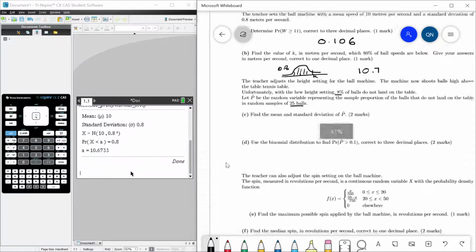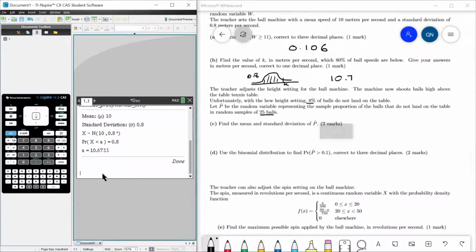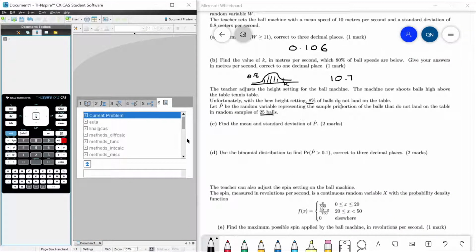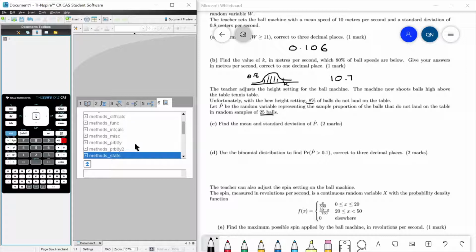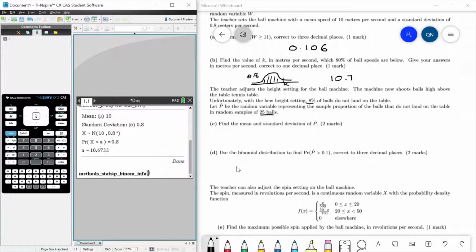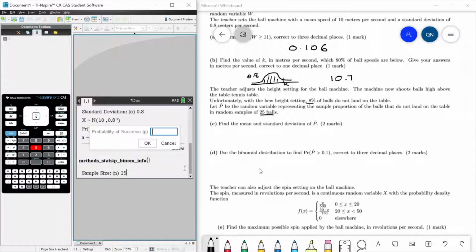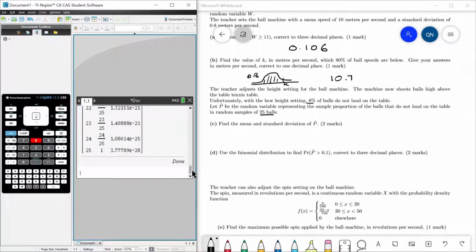0.08. And we want to find the mean and standard deviation of P hat. So we can assume this is a large population and so on. So we can go ahead, go to method stats, go to P binom info for the binomial distribution stuff. Sample size is 25. Probability of success is 0.08. And we don't need that probability table.